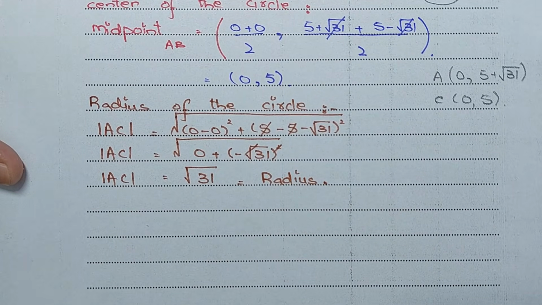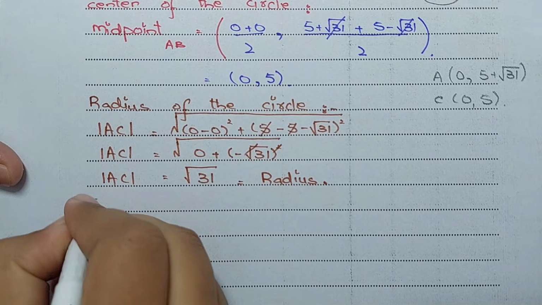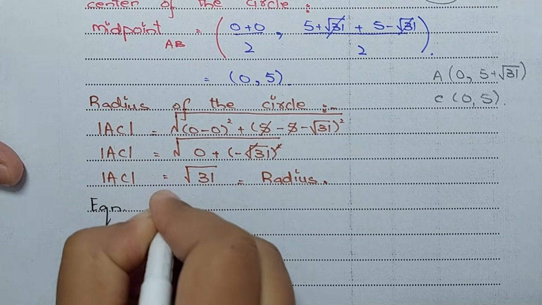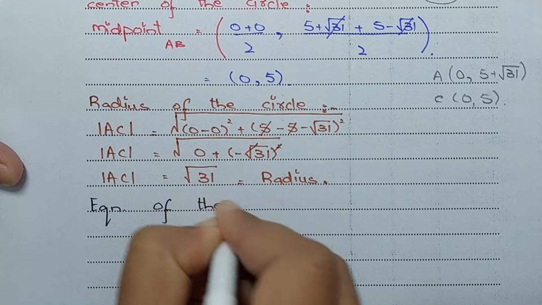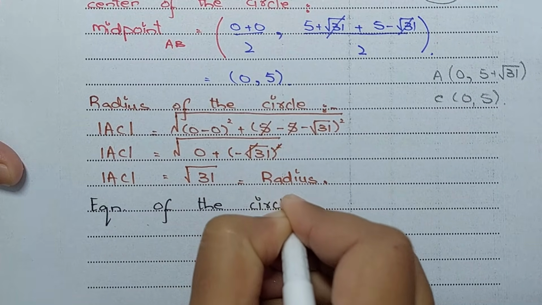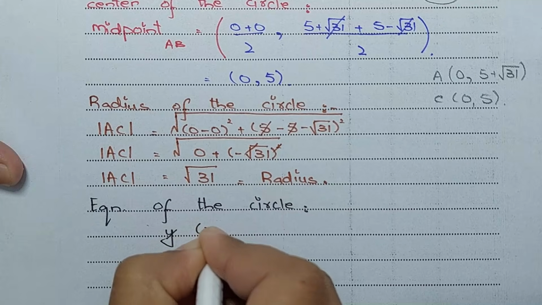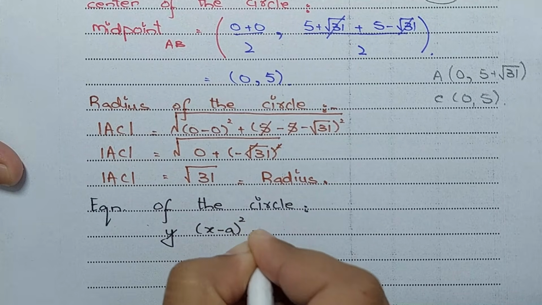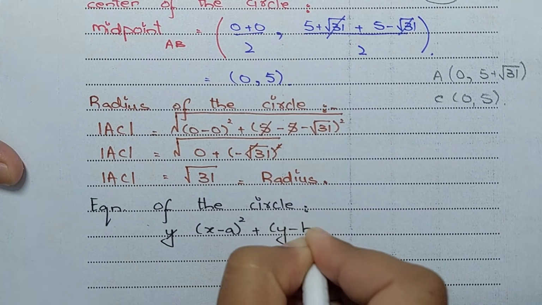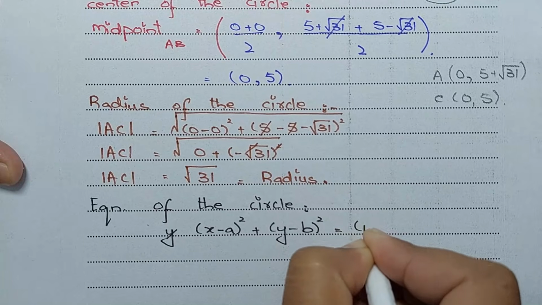Now let me write down the equation of the circle with AB as a diameter. The equation of a circle is x minus a whole squared plus y minus b whole squared equals the radius squared.